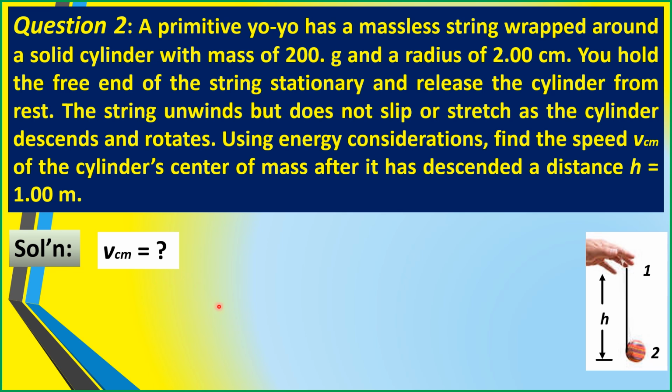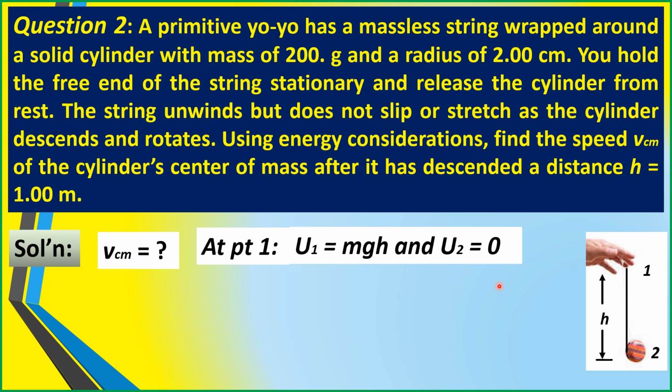We first identify the gravitational potential energy at point 1 in the diagram. So we say that the gravitational potential energy U1 is equal to mgh.